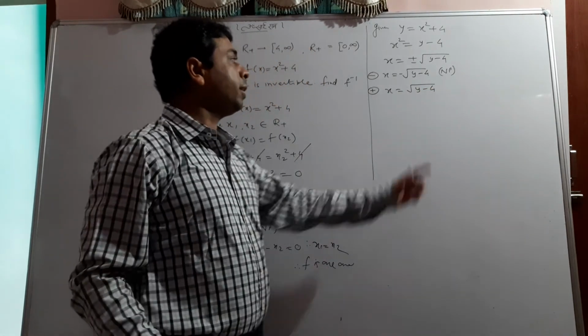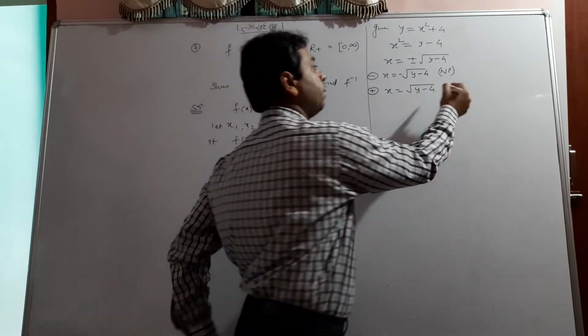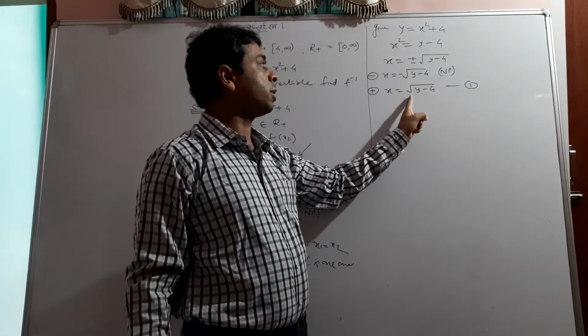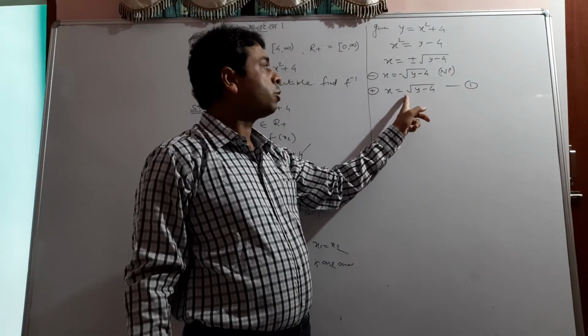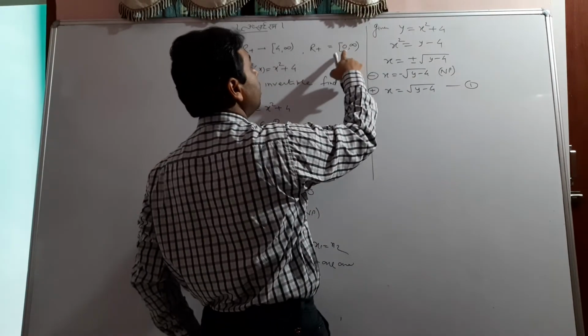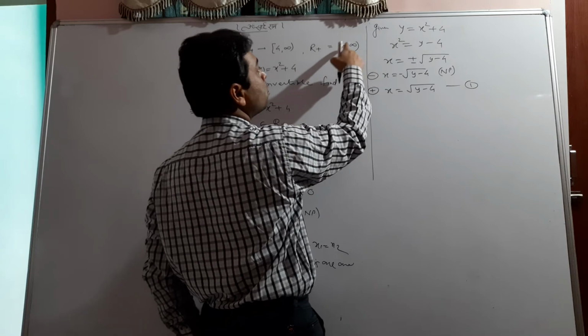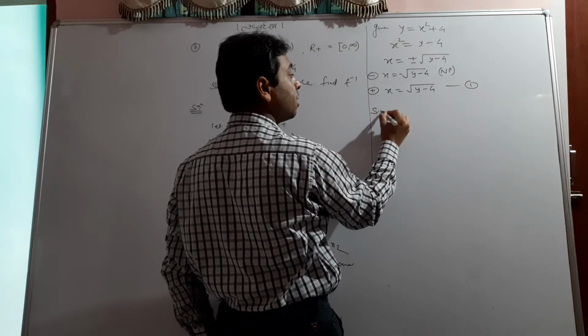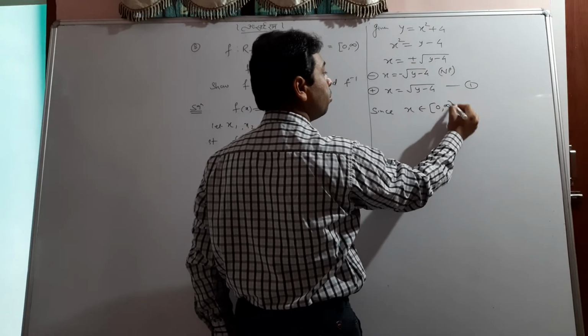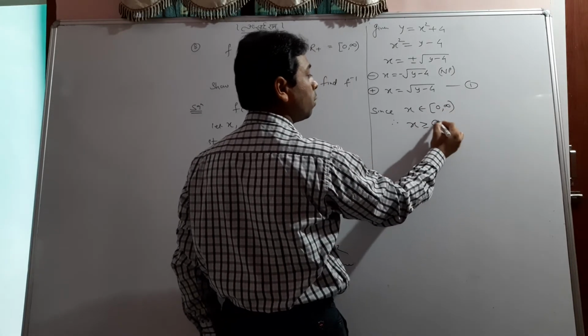And why am I finding this one? This is one of the important steps. Why? Because it will give you two things. First, I'll find the range. So how to find the range? I'll take the help of x. X is between these two numbers. I have taught you, since x belongs to 0 to infinity, x is greater than or equal to 0.